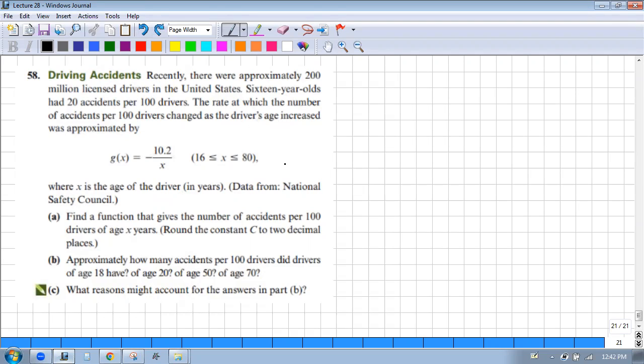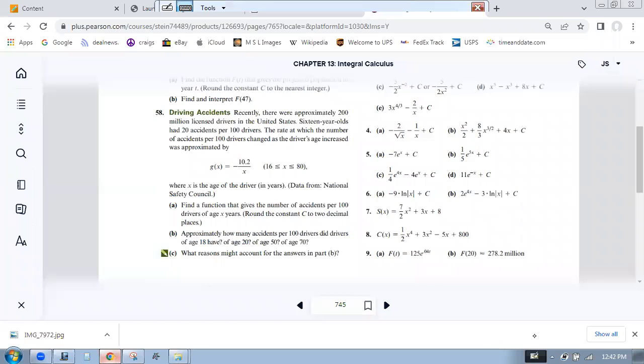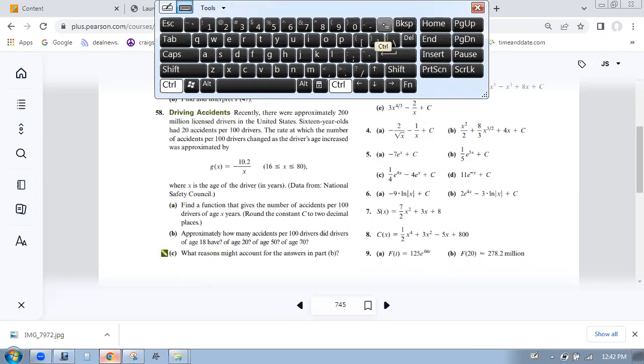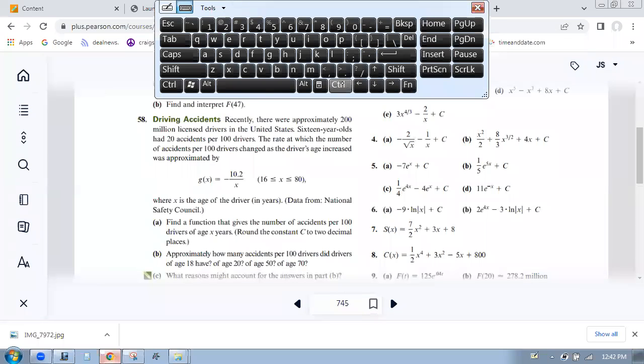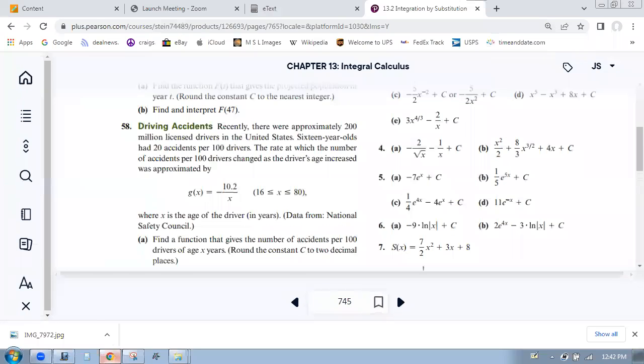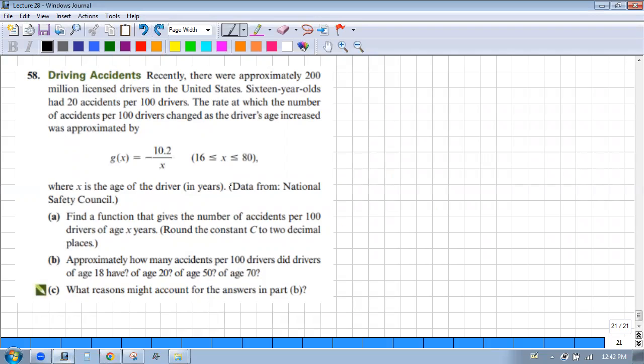Is that a negative number, or is that just a fraction? What is that? Yeah, that is a minus sign there. So, as the driver's age increases, the rate of accidents decreases. So, yeah, it makes sense.